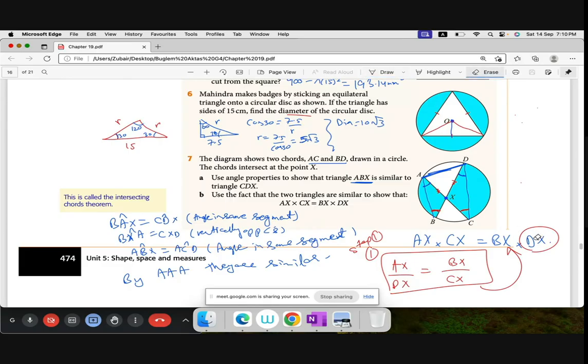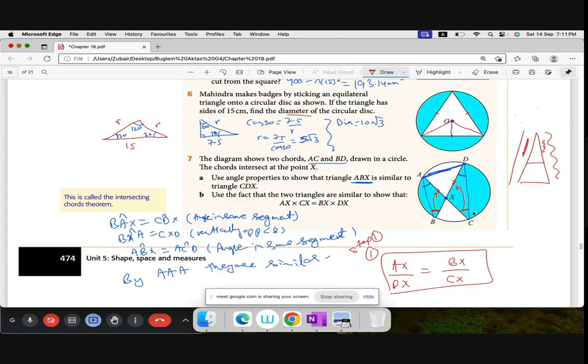So we show that it's similar because of the same ratios of sides. Let me write this in this way. Do you remember we used to write this length over full length, and then the second length over this full length? So that's what I did. AX over DX. What is AX? In front of this given angle, and DX in front of this same given angle.